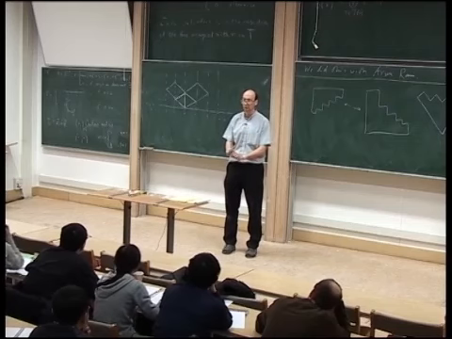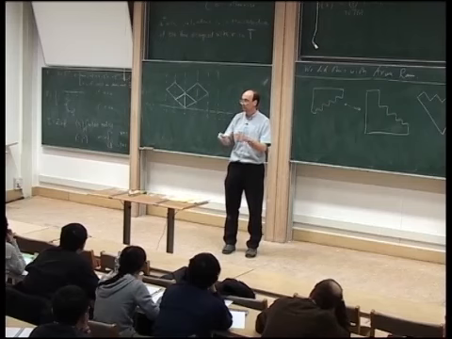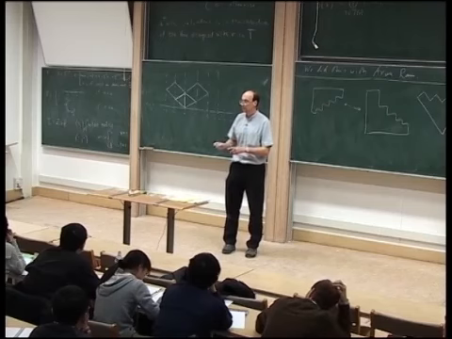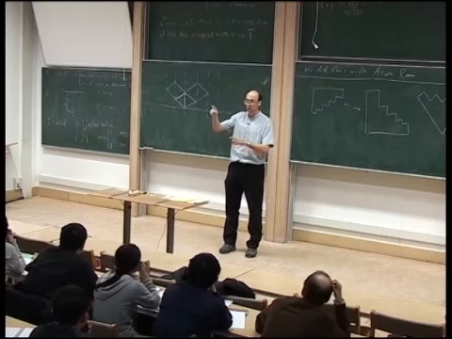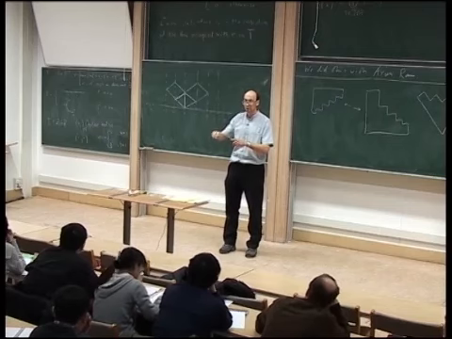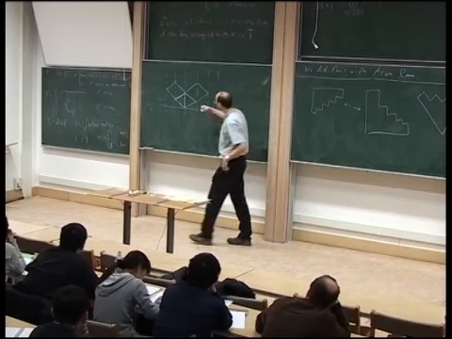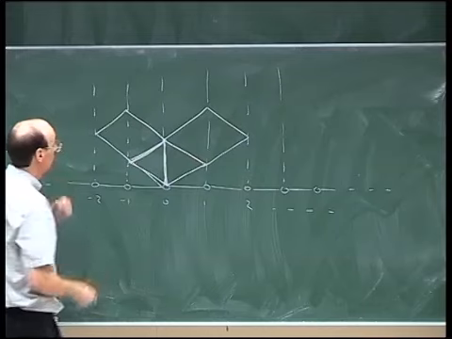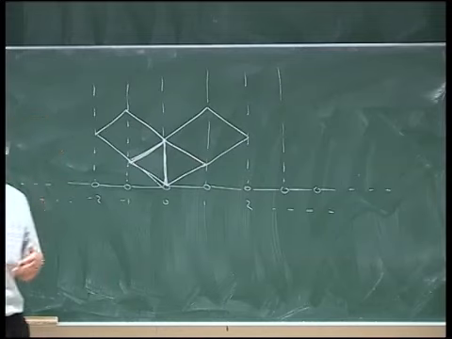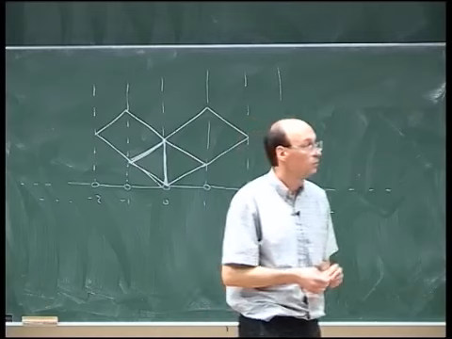For example, in D4, for the central node, there will be 3 leaves, 3 triangles. This will be the shape of the bead on the main runner, and on the others there will be just 1 triangle going inside. Okay, and for type E8, for any type, you do the same thing, and then you build these configurations out of such runners, and this is what the combinatorics looks like.